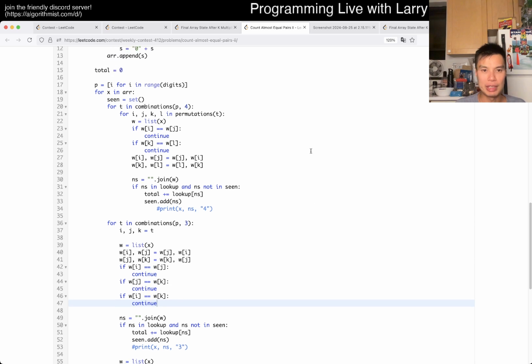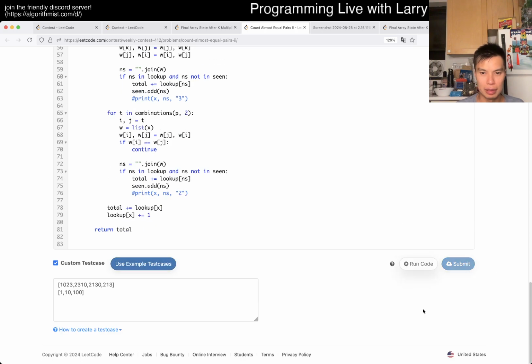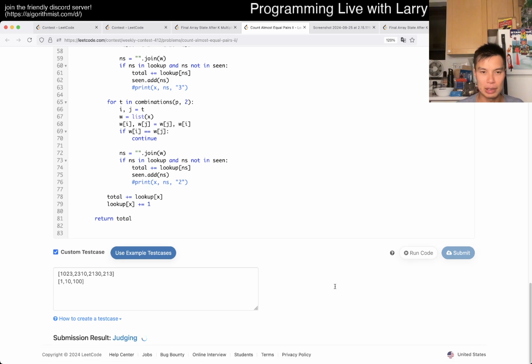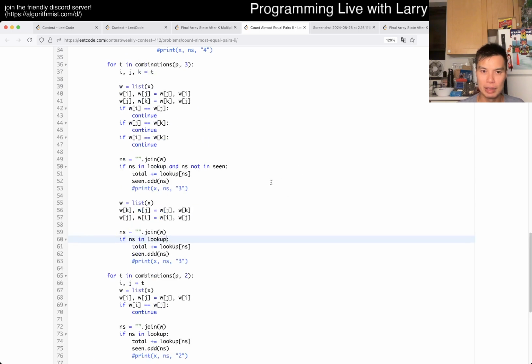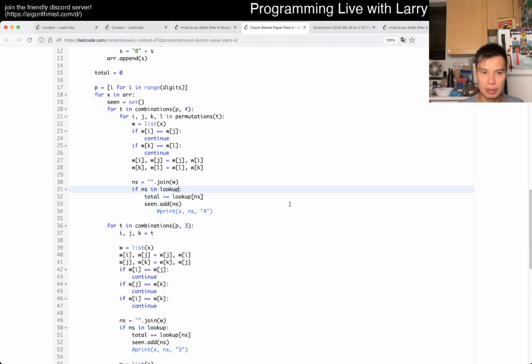Because I do want to revisit this, let me actually upsolve. I don't know if you want to call it upsolve, but this would be right just because it is based off the correct answer. But I want to do it without the seen thing. I don't know that it is needed after I added all the other things. That's why I was a little surprised that I missed it anyway.